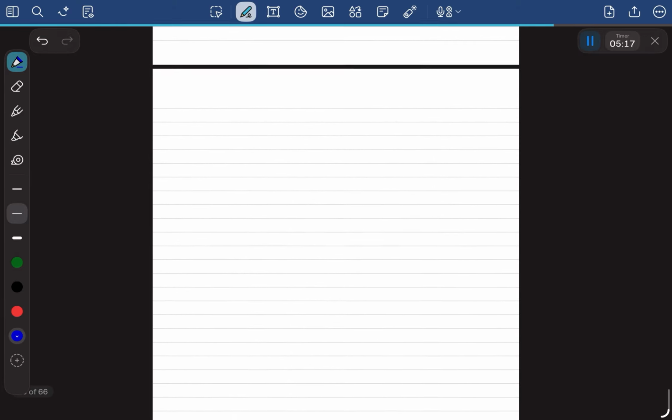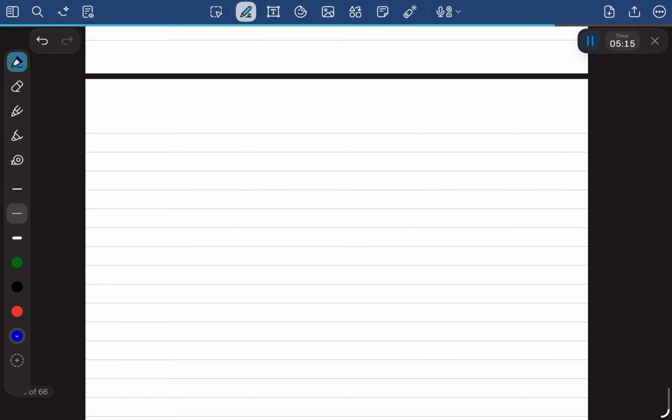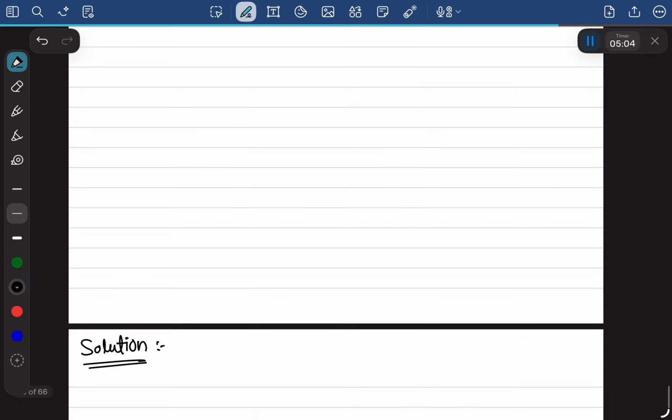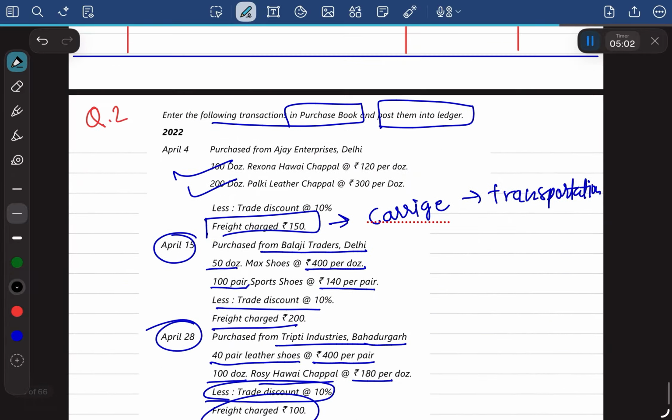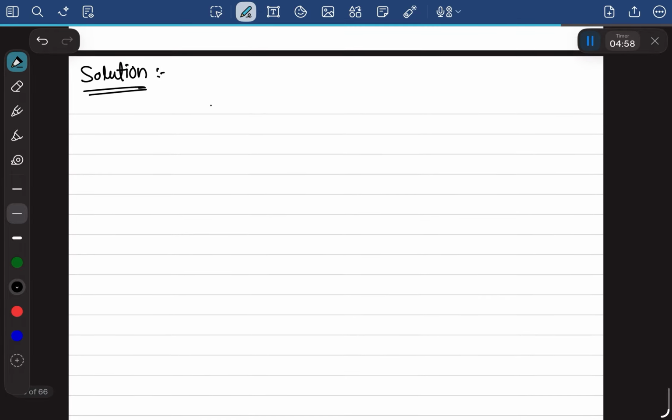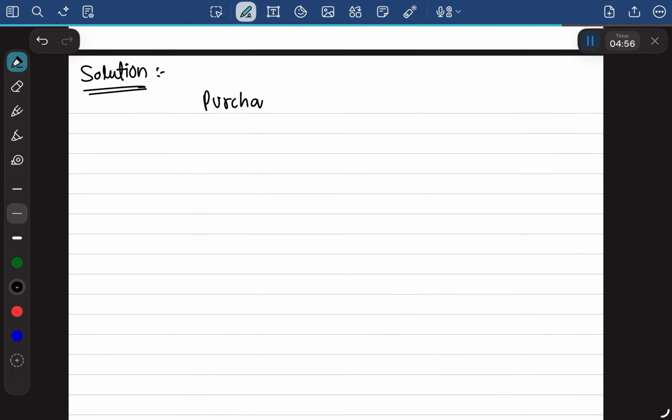Firstly, I should prepare a format. So this is the purchase book.